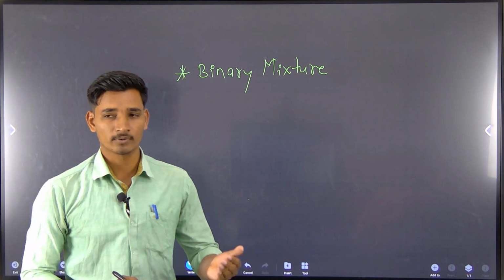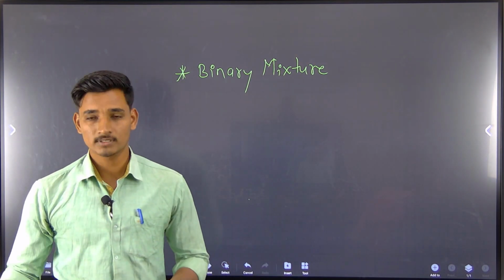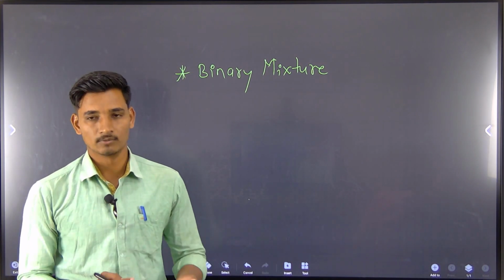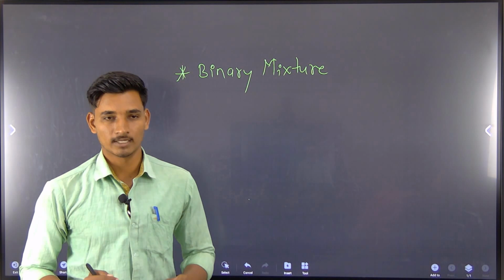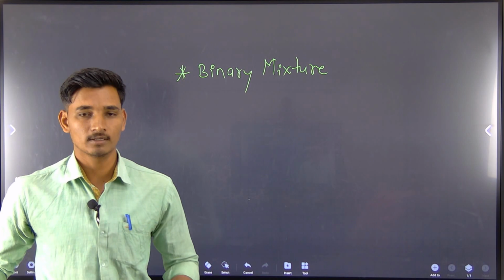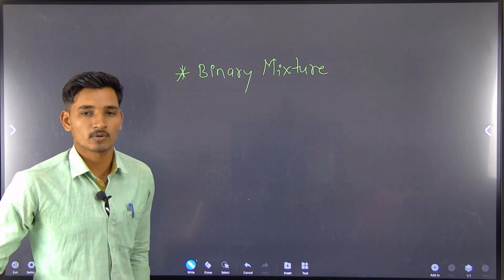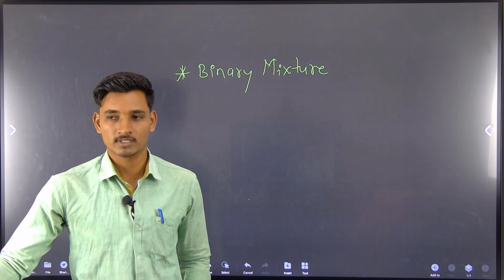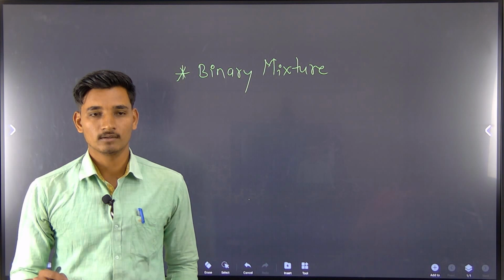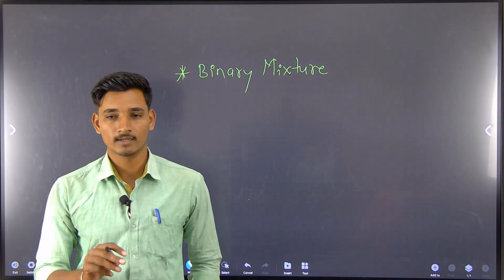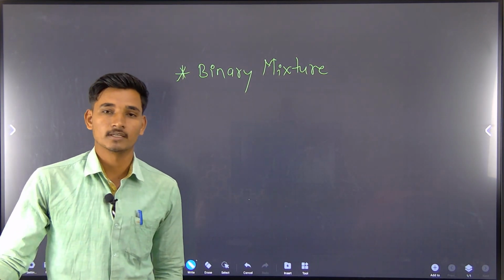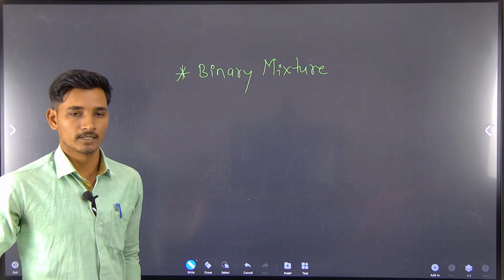That is, if one compound is solid and the other compound is liquid, that is the solid-liquid type of binary mixture. If both chemical compounds are liquid, that type is called the liquid type of binary mixture. If one compound is solid and the other compound is also solid, then this type is called the solid type of binary mixture.